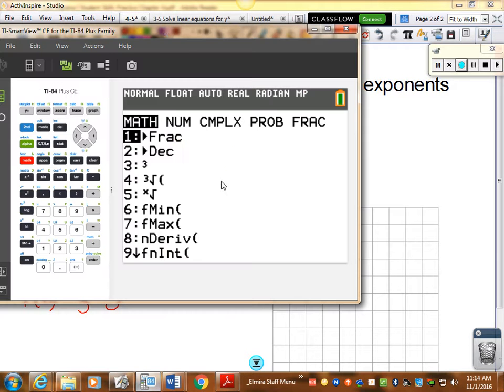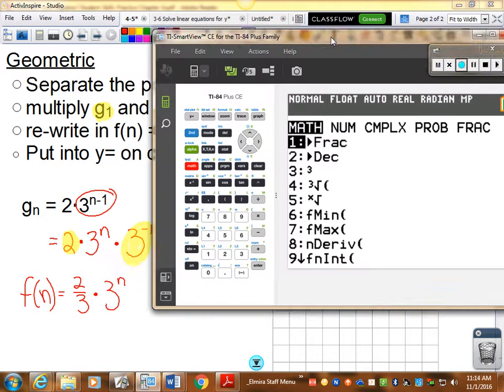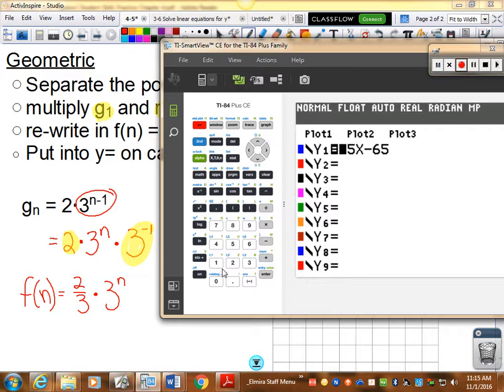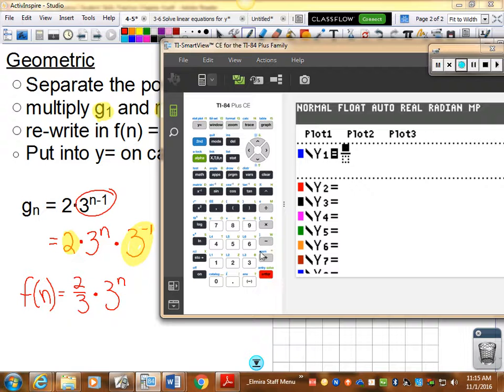Okay, graphing. Y equals, clear out the old one. All right, we got a fraction here. Alpha y equals, to make our fraction, 2 over 3, arrow out of the fraction, times 3 caret x.